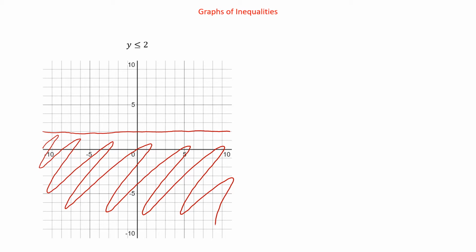So now when we have an inequality like this, this cuts the plane into two half planes. It does not matter where the line is. It does not matter if it's diagonal or horizontal or vertical or a quadratic.